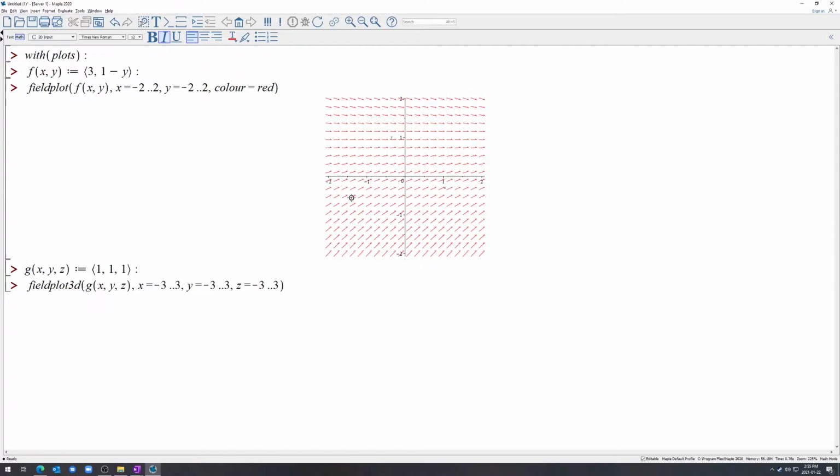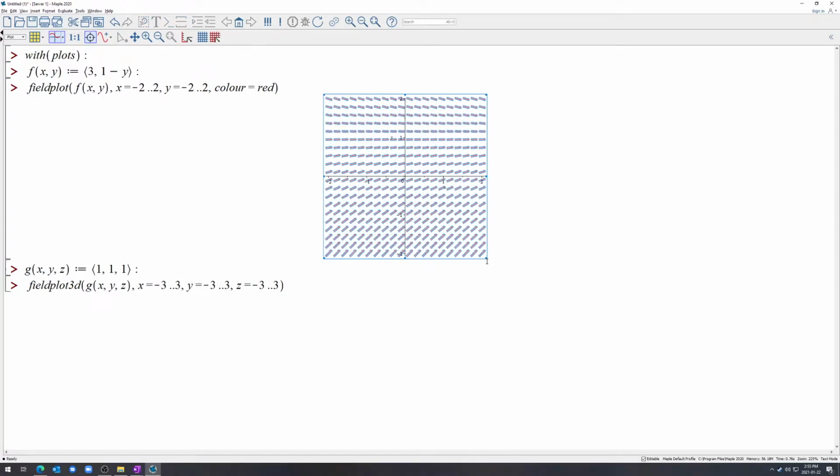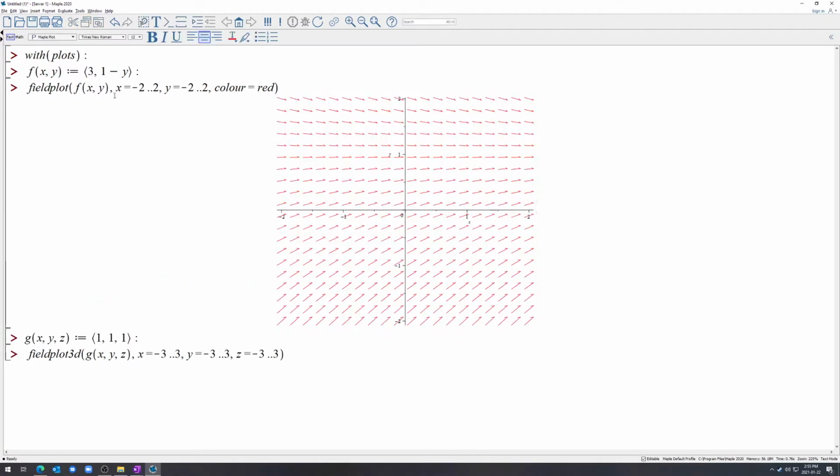You can see that, of course, all of the x components are 3, so they're all pointing to the right. None of these vectors are 3 units long, though. What Maple is doing for us is scaling them all down so they will fit into a small grid. The grid is defined by how many arrows it's going to try to plot for us. So they will never be overlapping, but they are never actually the correct magnitude.